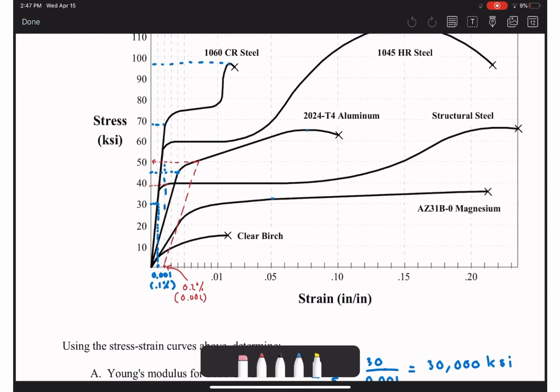Of those, the 1060 steel has the highest slope in the proportional region. With the highest slope, for the same amount you go horizontally, which is the strain, the vertical component is the biggest, and that basically measures the Young's modulus. The largest slope gives the max Young's modulus.